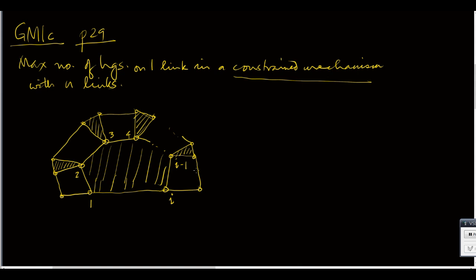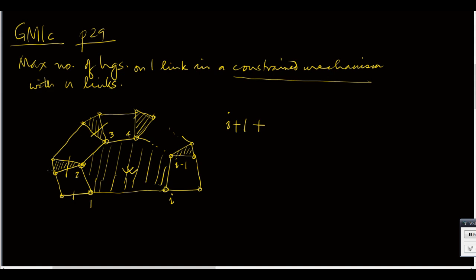And if we count these links now, what we will say is the total number of links is n. This one has I hinges, right? So what is the total number of links? We will say at each hinge there is one link, like this one, and then this one, and then this one, and so on. So that's I links plus this link itself, which is 1, plus the connecting links.